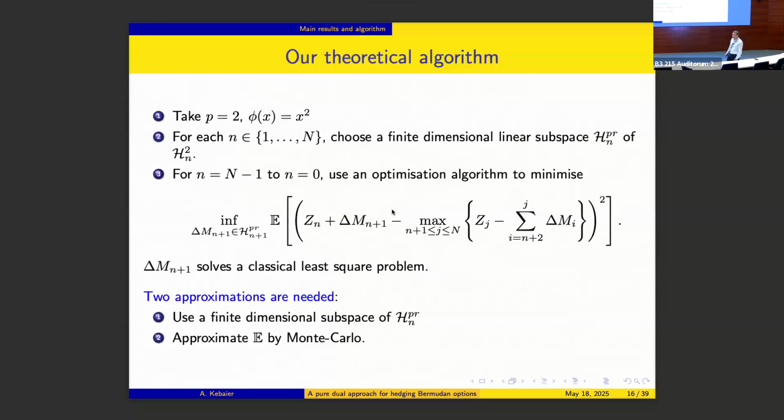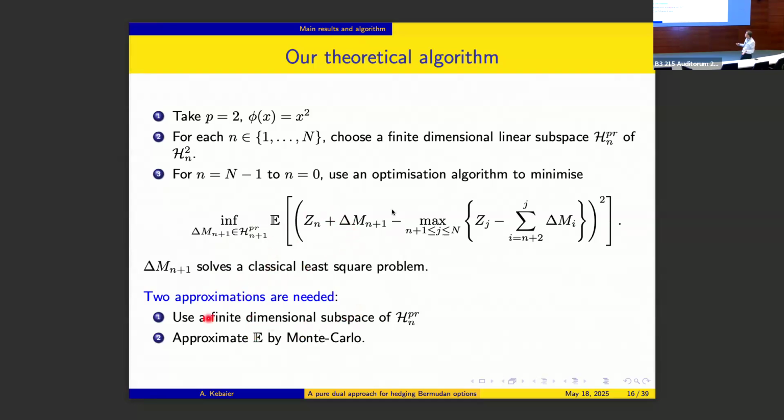So this is the design of the algorithm. As I told you, let us take, for example, p equal to 2, the L2 space, so I have square integrable random variables. For each n between 1 and capital N, I choose a finite dimensional linear subspace of H_n^2. Then backward, I'm going to minimize this sequence of optimization problems on each martingale increment.